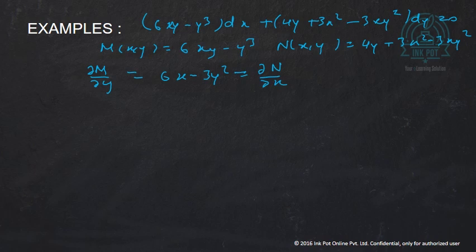If you partially differentiate N with respect to x, what do we get? We get 6x from here, 0 from here, and minus 3y squared from here. So these two are equal for all (x,y) in R squared, right?